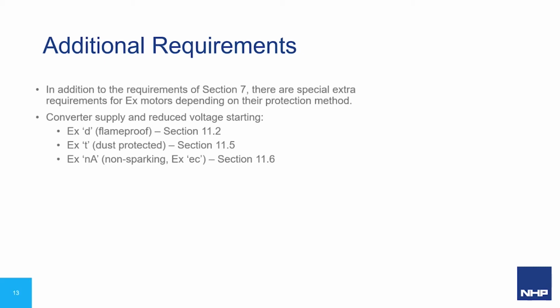So 11.2 for EXD, 11.5 for EXT, and 11.6 for NA. Now, these requirements are focused around using these motors in conjunction with converter supply and reduced voltage starting methods, so effectively for variable speed drives and soft starters. Now, luckily for these three, EXD, T, and NA, the protection methods, these have the same requirements, so we can discuss all of these together.